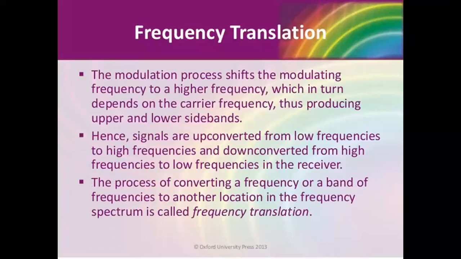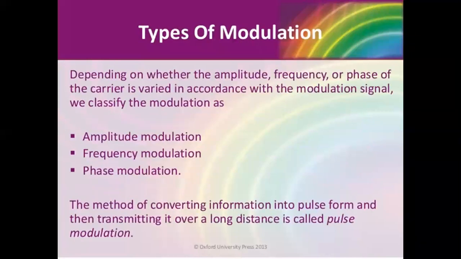So now there are types of modulations. Depending on whether it is the amplitude, frequency, or phase of the carrier, you divide it into 3 types of modulations: amplitude modulation, frequency modulation, and phase modulation.